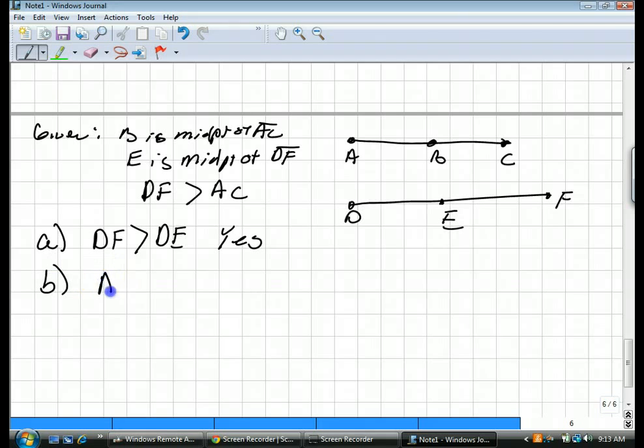Is the statement that length of AB plus length of BC equals length of AC, is that a true statement? Yes. By the segment addition postulate, that has to be true. C, can we determine that length of AB is less than length of BC?